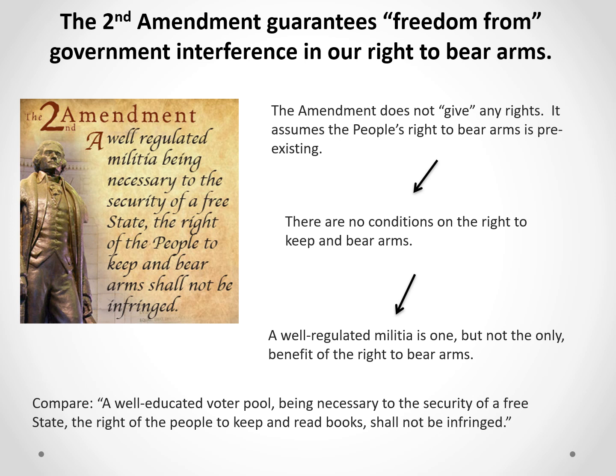Now, there's been a lot of controversy because obviously guns are dangerous and they can be used to inflict great damage on people. And the question is, okay, to what extent is the government allowed to regulate and control the private ownership of guns?